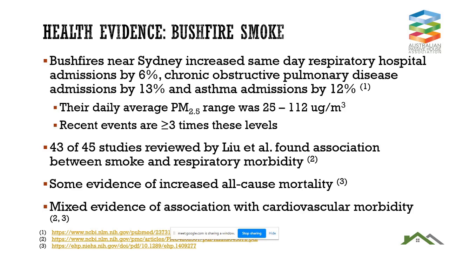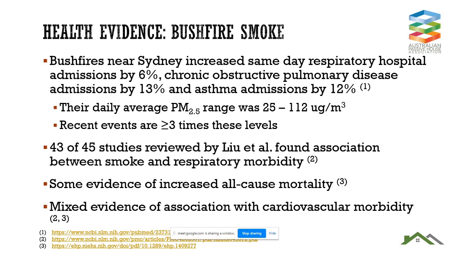Turning now to bushfire smoke specifically, there was some relevant epidemiological evidence from some Sydney research that was done over a period of about 15 years looking at bushfire events, and they were associated with an increase in hospital admissions for respiratory conditions by about 6%, chronic pulmonary disease admissions by about 13%, and asthma by 12%.